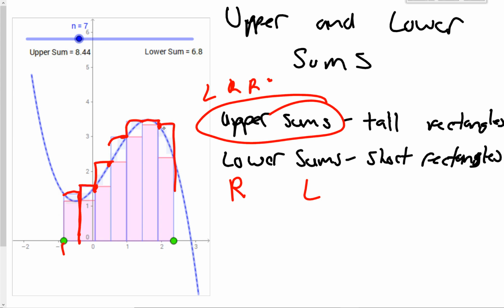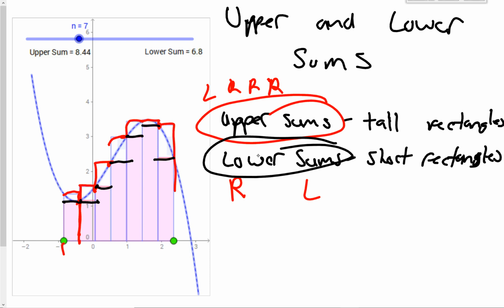These R's and L's are based off of just a pure rectangle, just one rectangle for each of them. So it would contain multiples of left and right-handed sides, and the lower sum would be the same. I would take a left for this one, a right, and then a left, and then a left, a right, and a right for a lower sum.